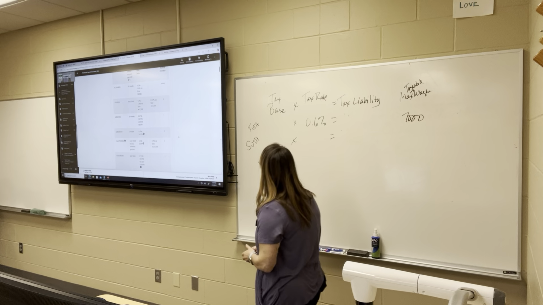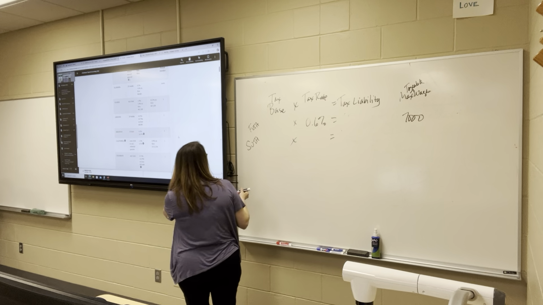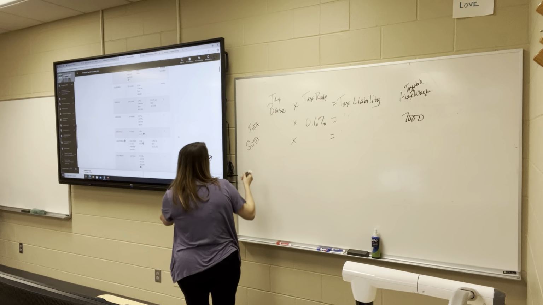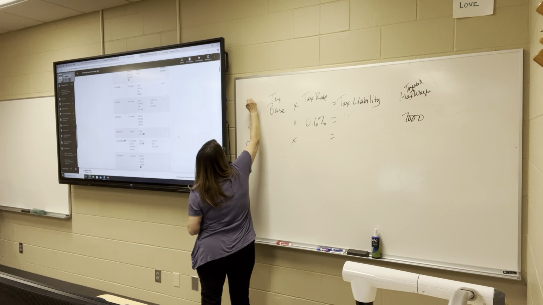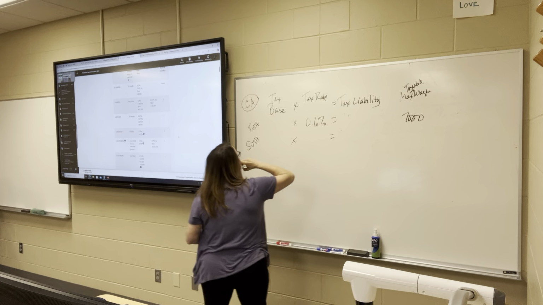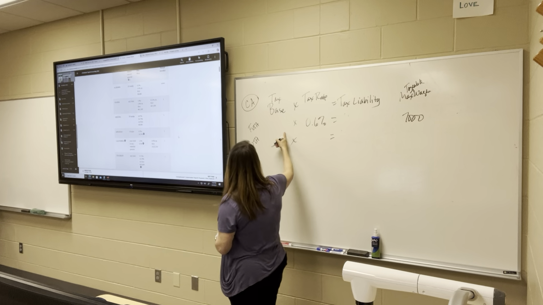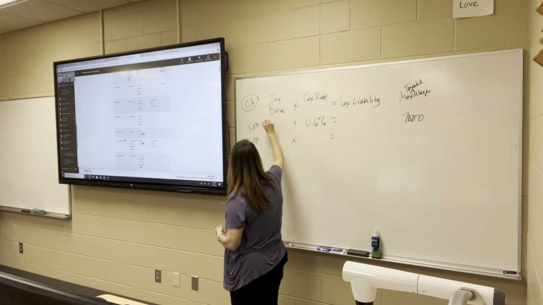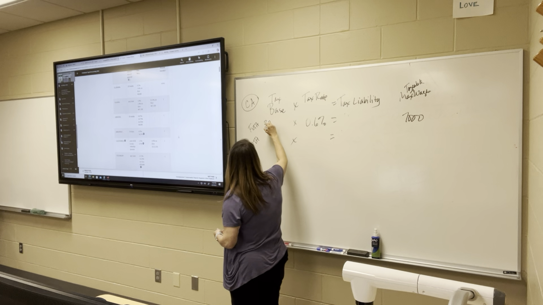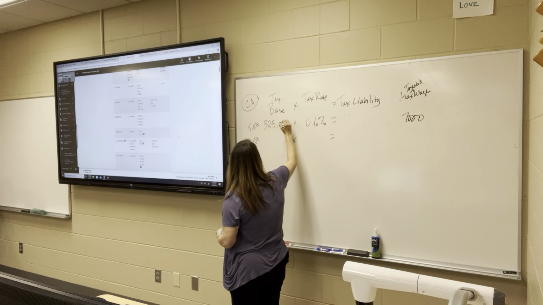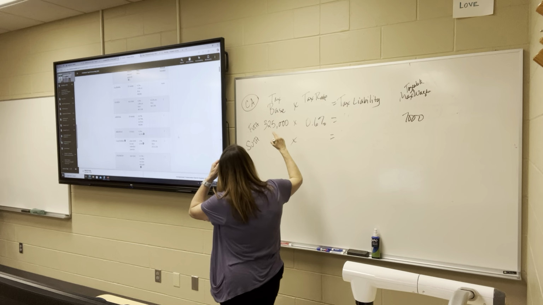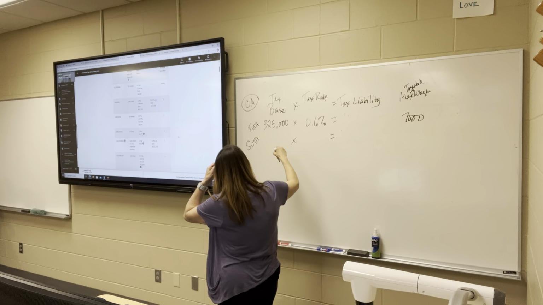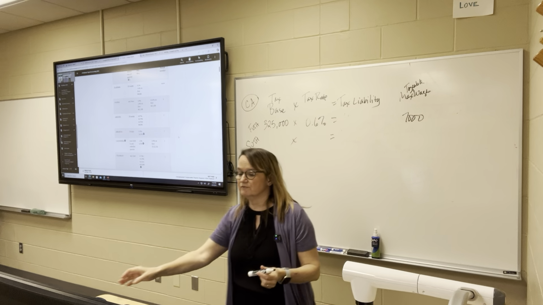So let's say that we're in California. And for FUTA tax purposes, we had $325,000 of wages.